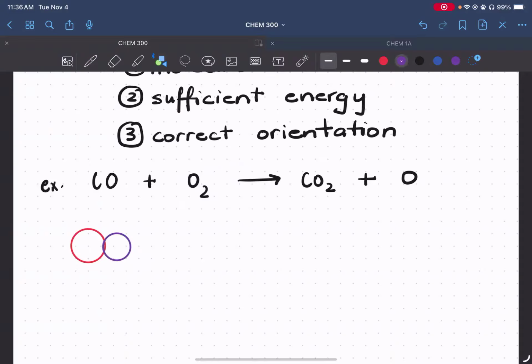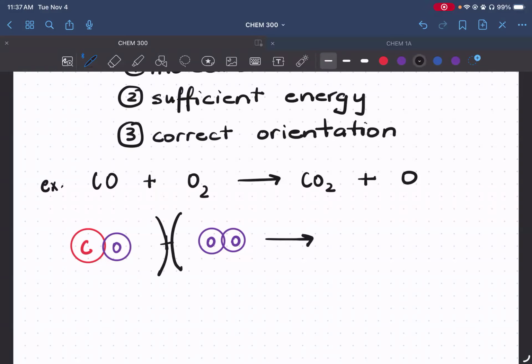If I were to draw a pretty basic graphic representing our carbon monoxide and our oxygen, like so, what we would see is that based on the orientation of these molecules, the collision would take place between two oxygen atoms. This actually leads to no reaction overall.